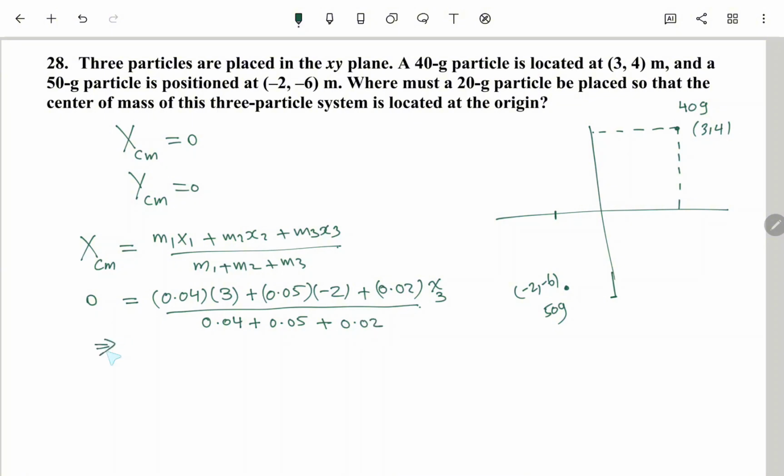You simplify this one here, you will find x3 equal to -1 meters.